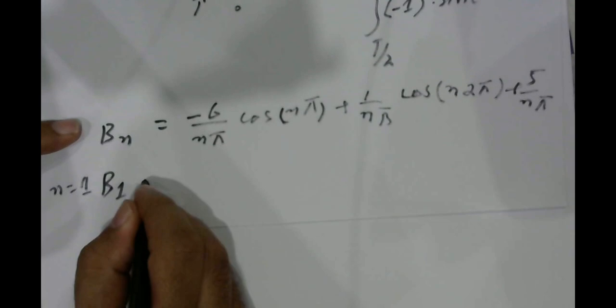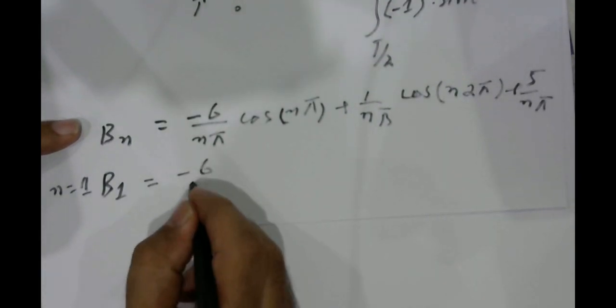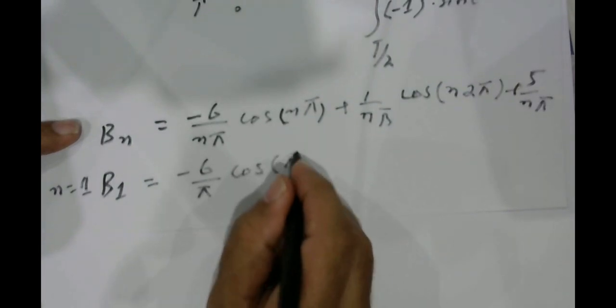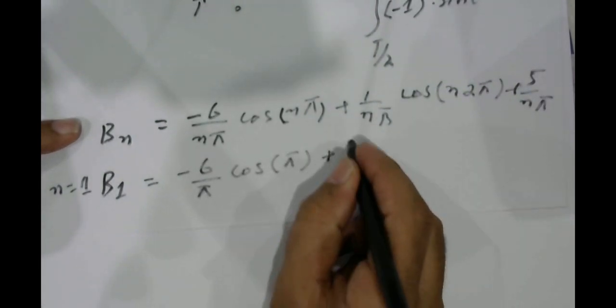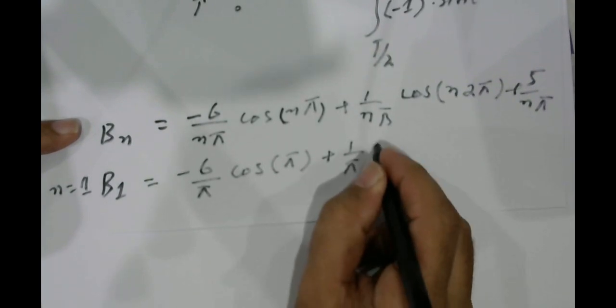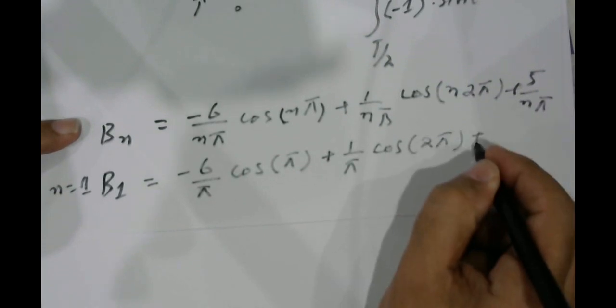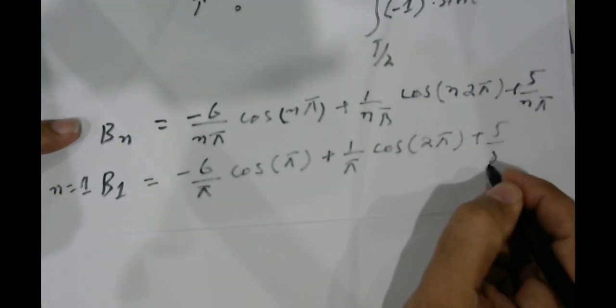So let's say we need to find b1, then b2, then b3, b4, and so on. Let's say we find the value of b1. For b1 means n equal to 1, right? So b1 will be minus 6 over pi cos of pi, plus 1 by pi cos of 2 pi, plus 5 by pi.